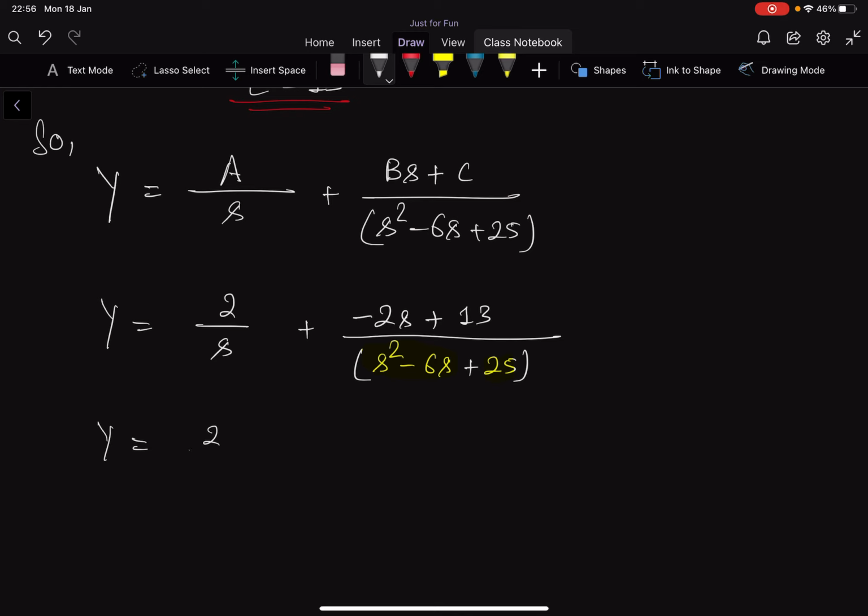y equals 2 over s plus, forget about the denominator for a minute. Just focus on the numerator here. So we are going to get s square. I can say here is 2 times 3. All right, 2 times 3, I'm going to get a 6, and times s.